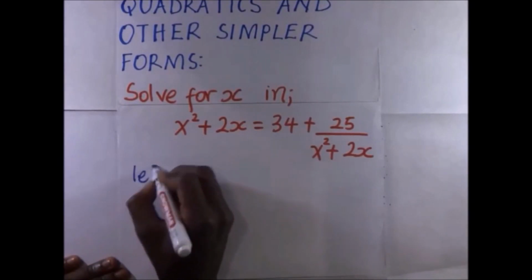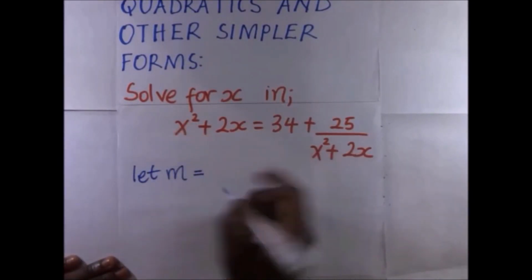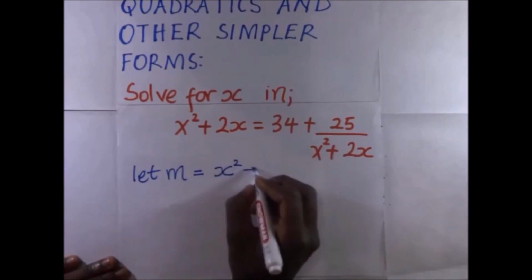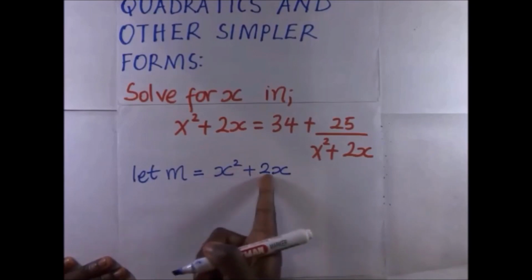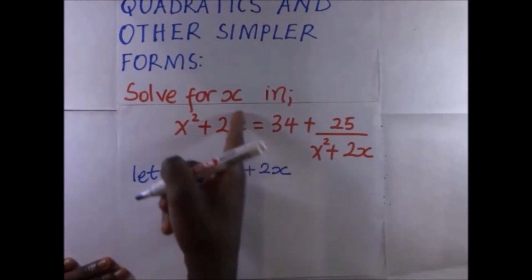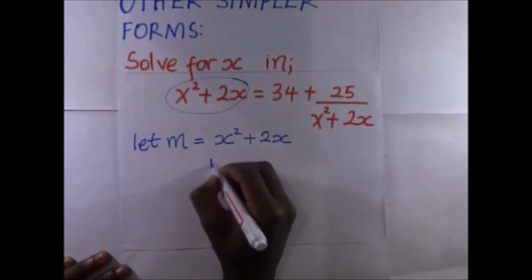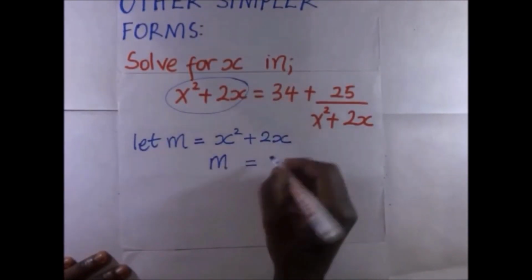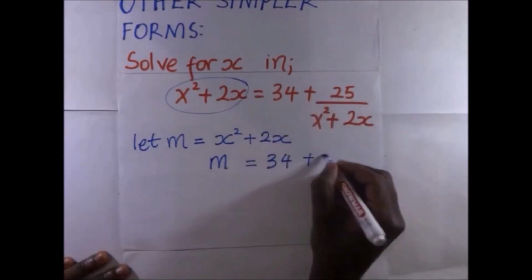Let m be equal to x squared plus 2x. When we make m equal to x squared plus 2x, it means that this whole expression now becomes m is going to be equal to 34 plus 25 over m.